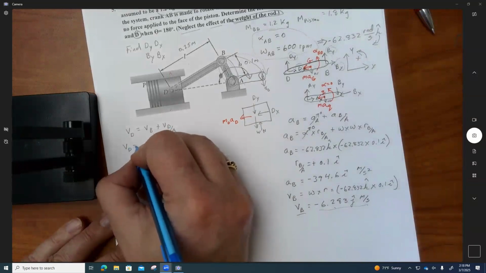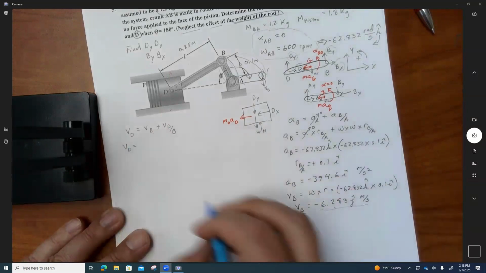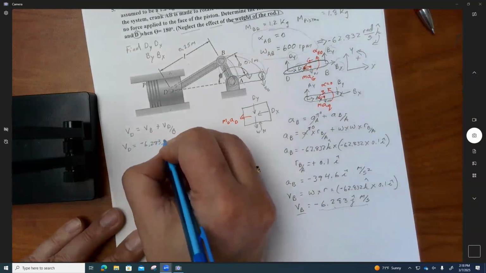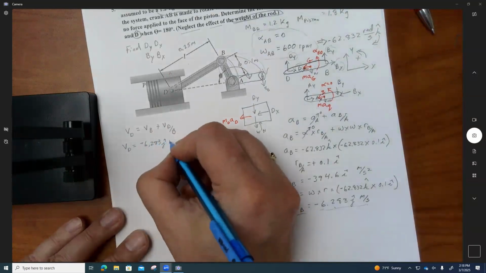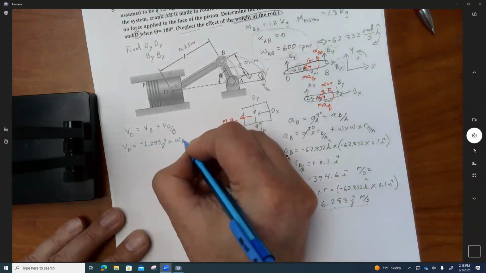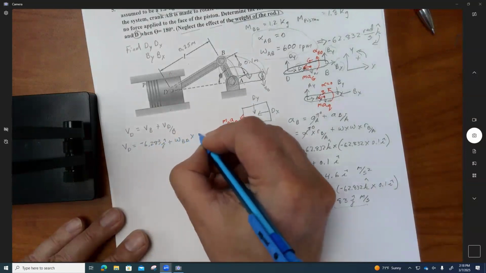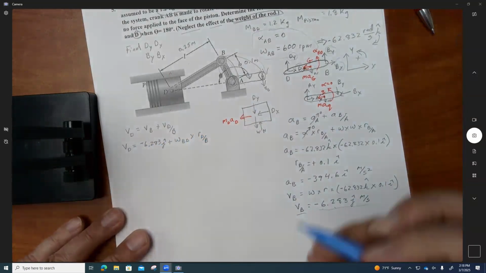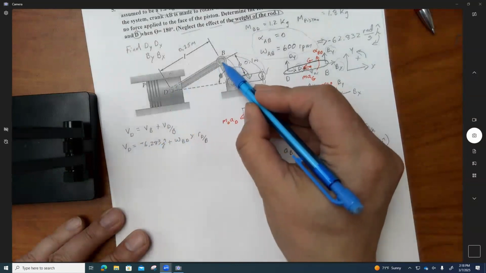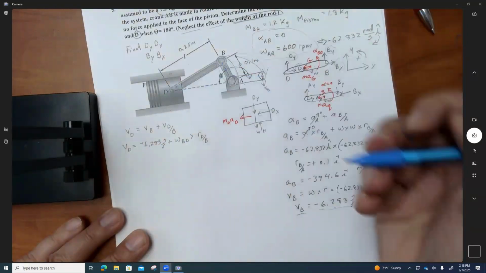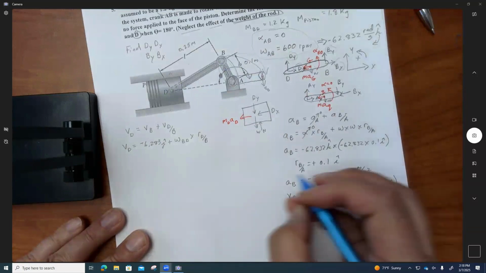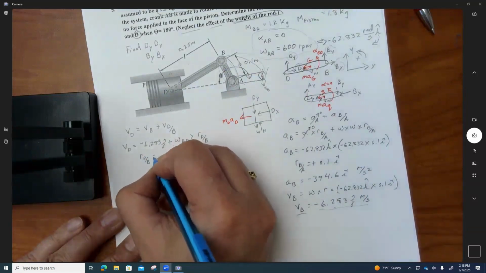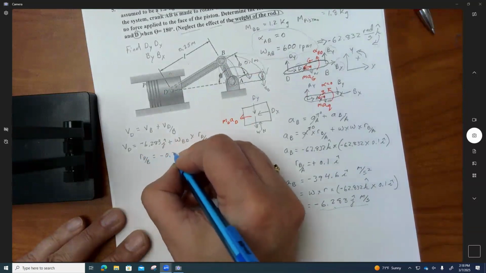Velocity of D is going to equal the velocity of B, which is minus 6.283 in the J direction, plus omega of BD crossed with R of D relative to B. Now D relative to B is going to be in the minus I direction. So R of D relative to B is going to be equal to minus 0.25 I.